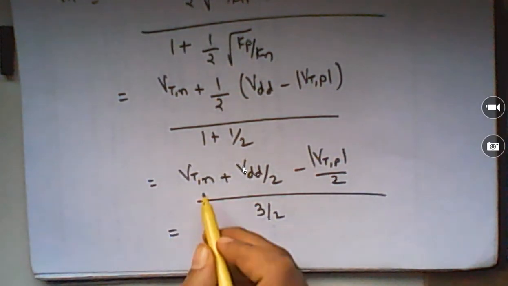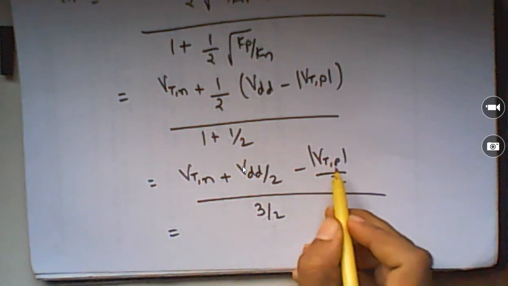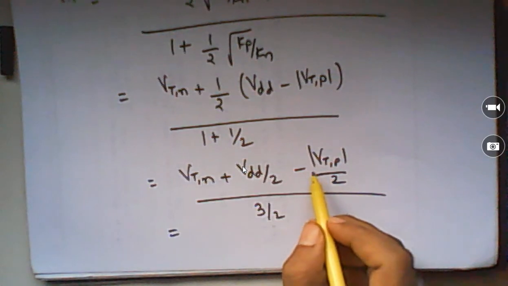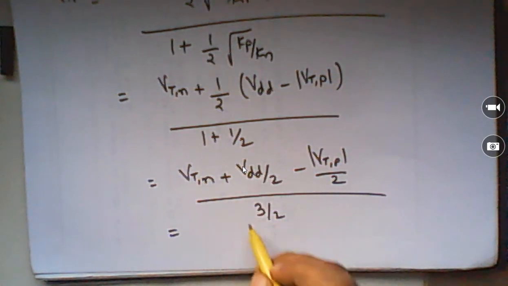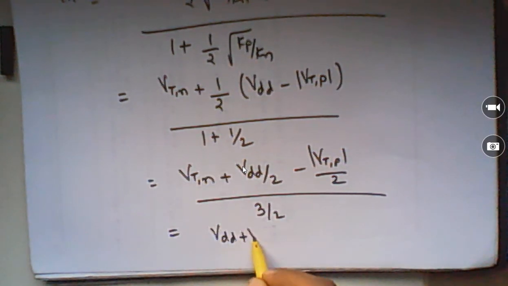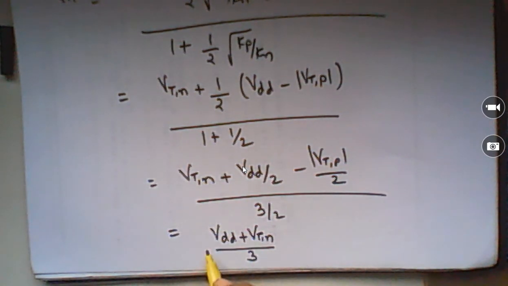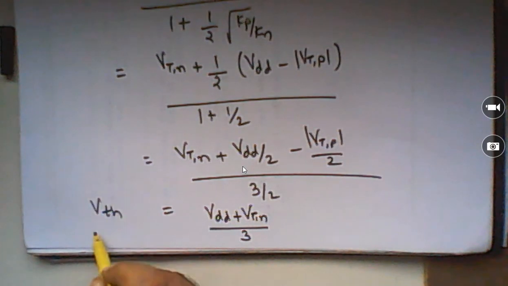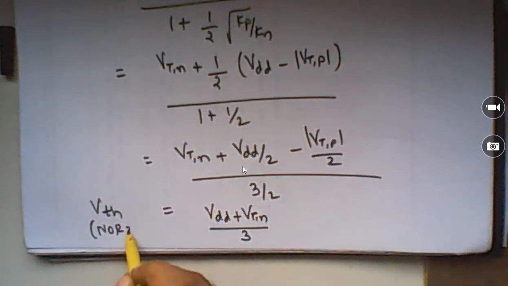So VTN and VTP are equal, so the 1 upon 2 cancels, and it is VDD plus VTN by 3. So this is the switching threshold voltage of the 2 input NOR gate.